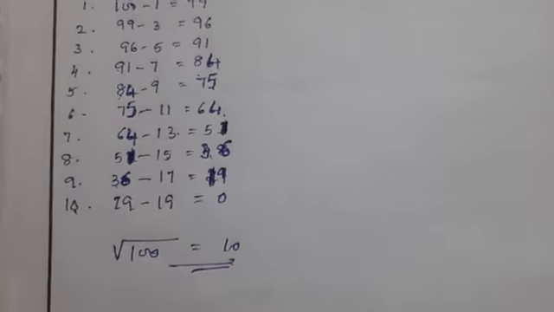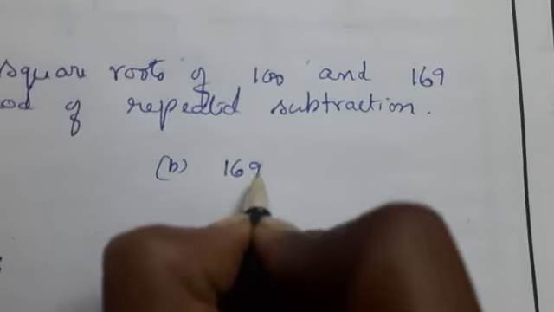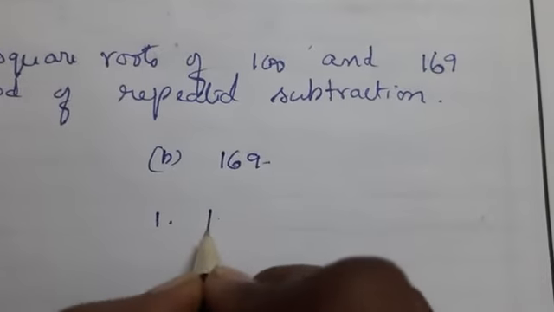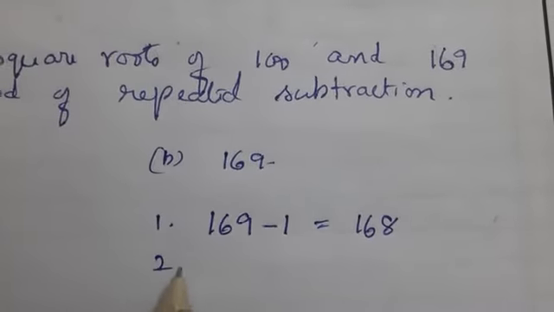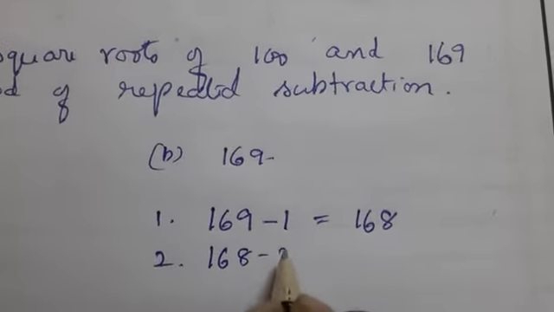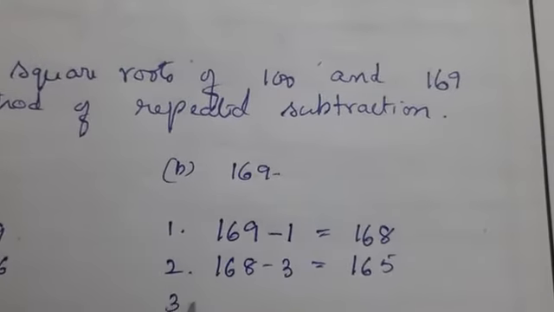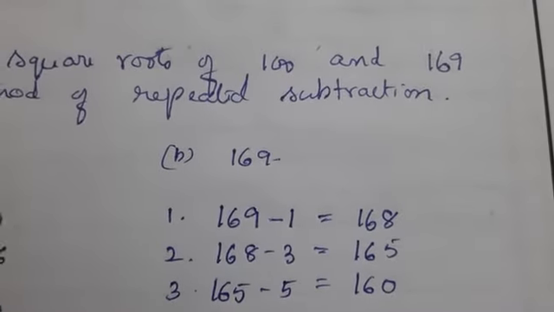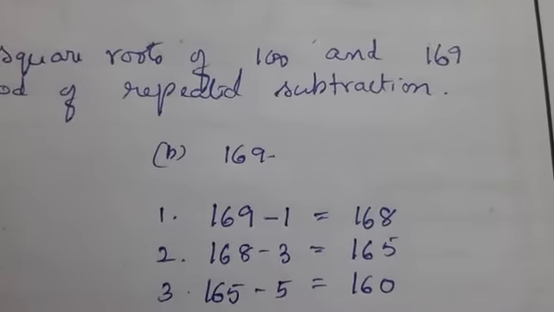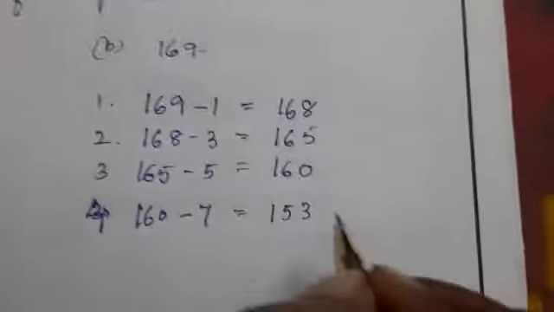Okay, that is why I told you simplification is very, very important. Next we have 169. First one, 169 minus 1, 168. Second, 168 minus 3, 165. So 165 minus 5, it will be 160. Fourth one, 160 minus 7, 153.